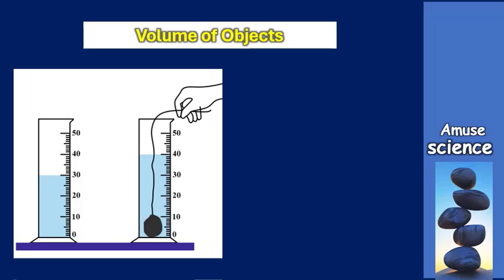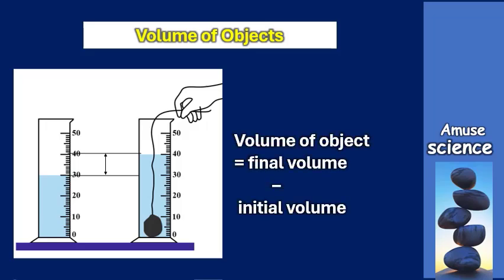We know from our knowledge of density and the volume of irregular objects that when you pour water into a cylinder and lower any object into it, there is going to be a rise in the volume of the water, and the difference between the initial volume and the final volume of the water is equal to the volume of the object you have placed in it.